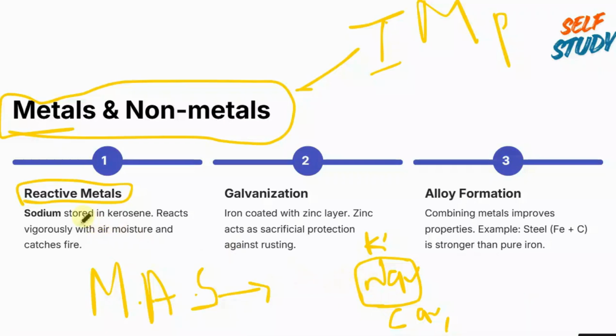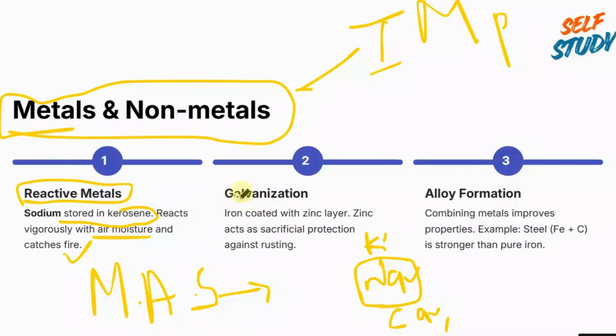Sodium is stored in kerosene. Why? Because sodium is a highly reactive metal, and if it contacts air, it reacts vigorously with moisture and catches fire.